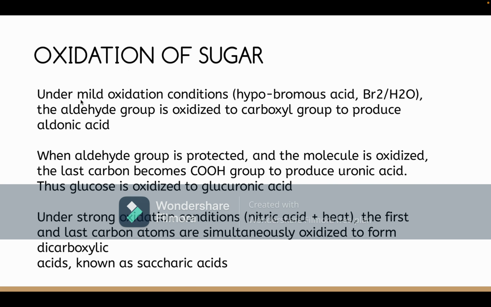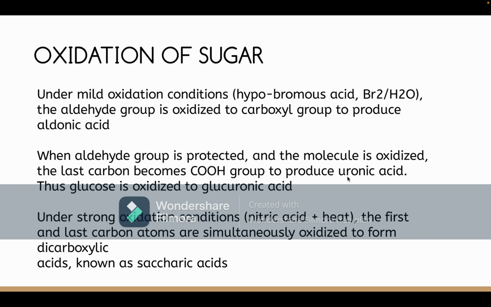Oxidation of sugars. Under mild oxidation conditions, that is hypobromous acid, the aldehyde group is oxidized to a carboxyl group to produce aldonic acid. Now, in certain cases, this aldehyde group is protected and the molecule is oxidized. Now the OH present on the last carbon becomes a carboxyl or COOH group, leading to production of uronic acid.